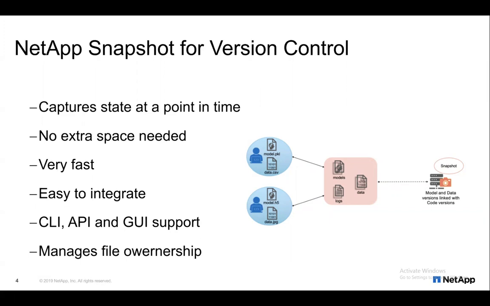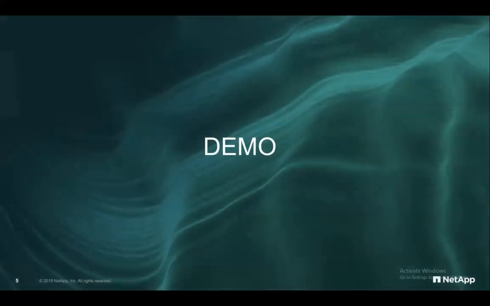Snapshots take care of file ownership as well, so only authorized users can access the data. To better understand the concept of machine learning version control using NetApp Snapshots, let me show you how it can be used with our existing Git repositories with the help of a small demo.